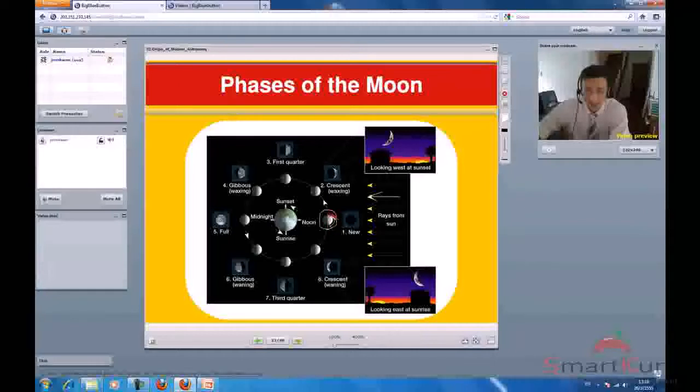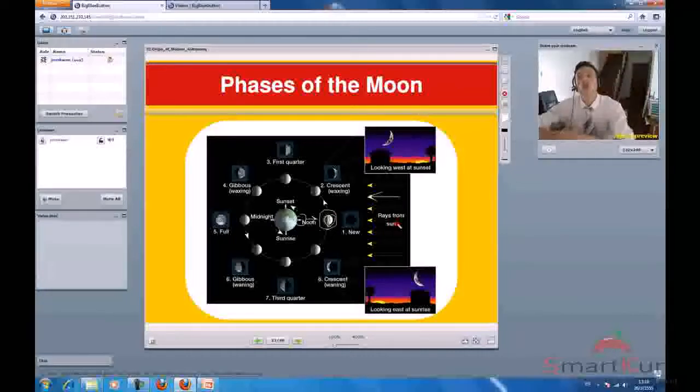Notice, here we've got a picture of the Earth at the center and the moon moving around the Earth. Remember, the moon takes 28 days to move around the Earth, or rather this cycle takes 28 days. And here we have rays from the sun, so the sun is off in this direction to the right.